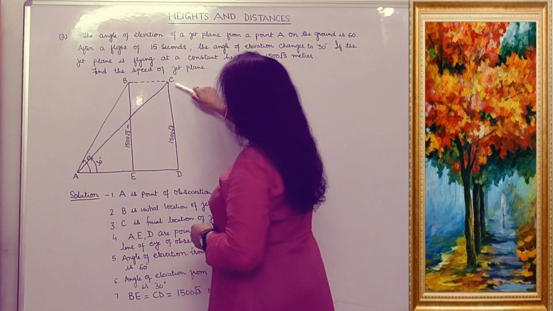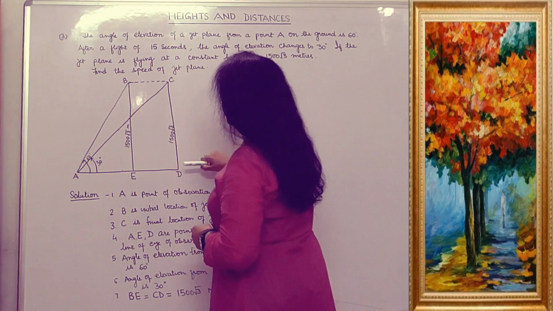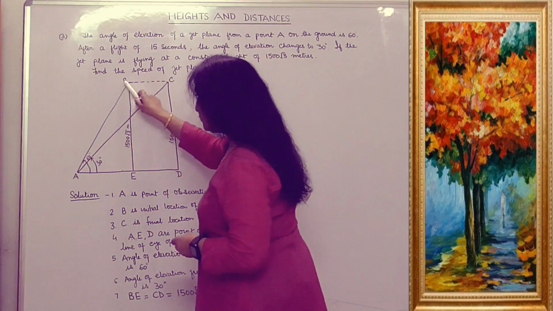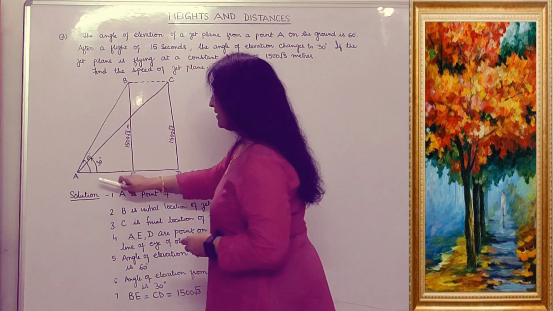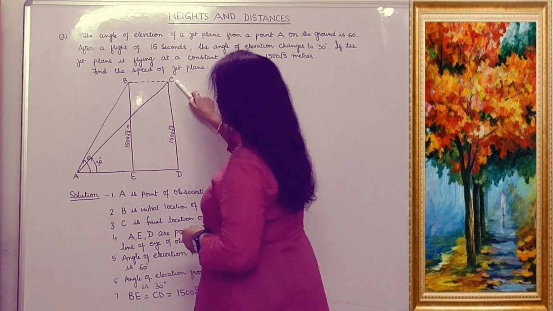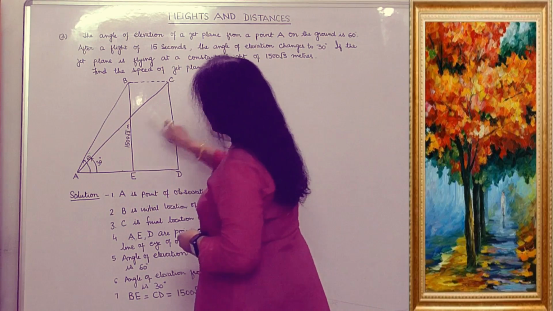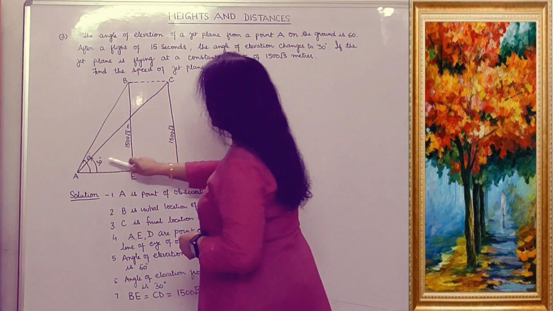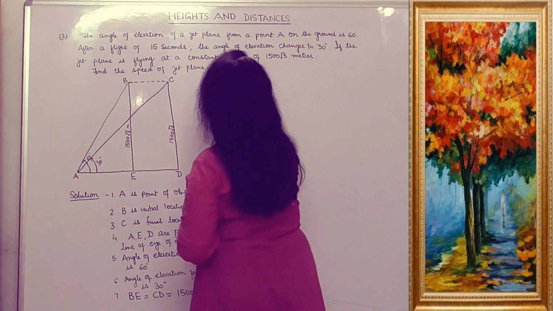CD is 1500 into root 3 meter. Angle of elevation from point A to B is 60 degrees, and after 15 seconds, when the location of the plane is at the point C, then angle of elevation from A to C is 30 degrees.